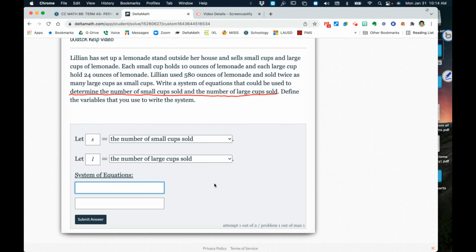Well, that would be if it was the total ounces in both cups, but remember there's 10 ounces times the number of small cups. This is how many total ounces she sold: 10 times S is the total number of ounces she sold from the small cups. What's the total number of ounces she sold from the large cups? 24L. And that has to equal 580.